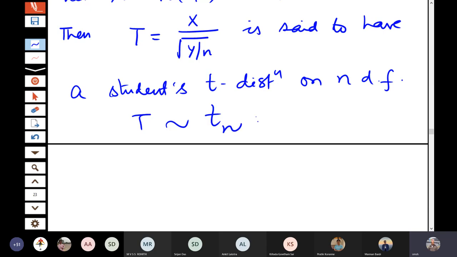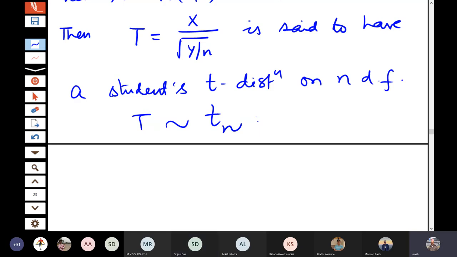This is the notation that is used here. So is the definition clear? It is a ratio of a standard normal divided by square root of a chi-square divided by its degrees of freedom, and the two variables are independent here. Is that okay? Yes, sir.